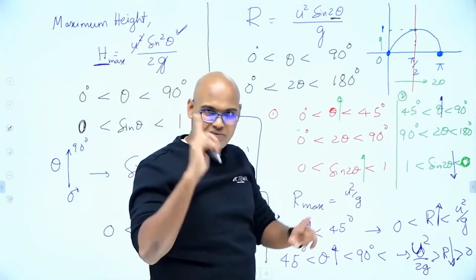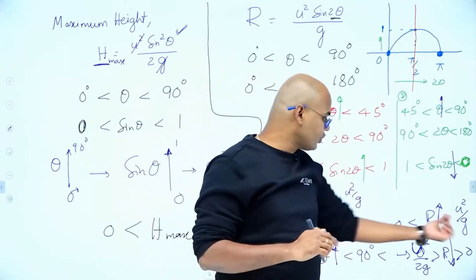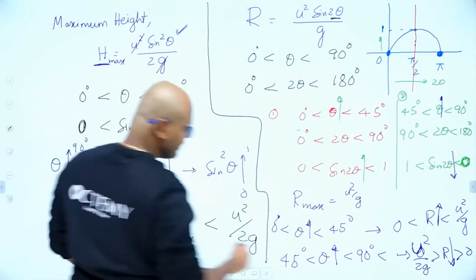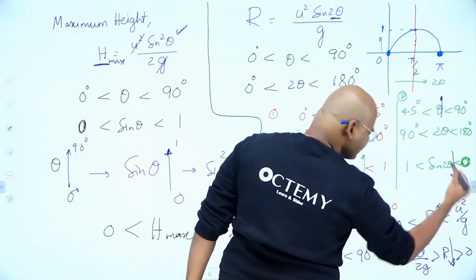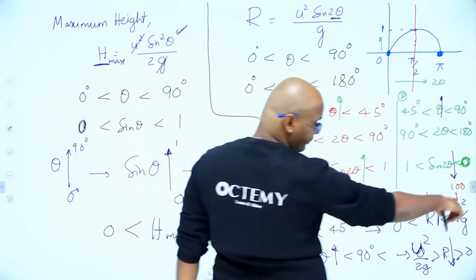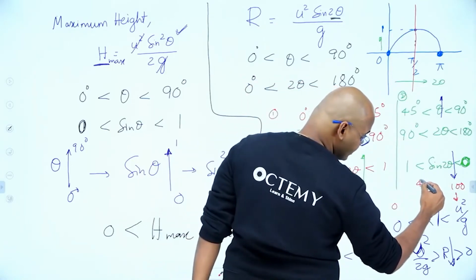for every one value of range, let us say this is 0, this is 100. I'll give one example so that you'll understand it better. You remember yesterday's problem: at 45 degrees we got 100, and at 15 degrees I got 50.